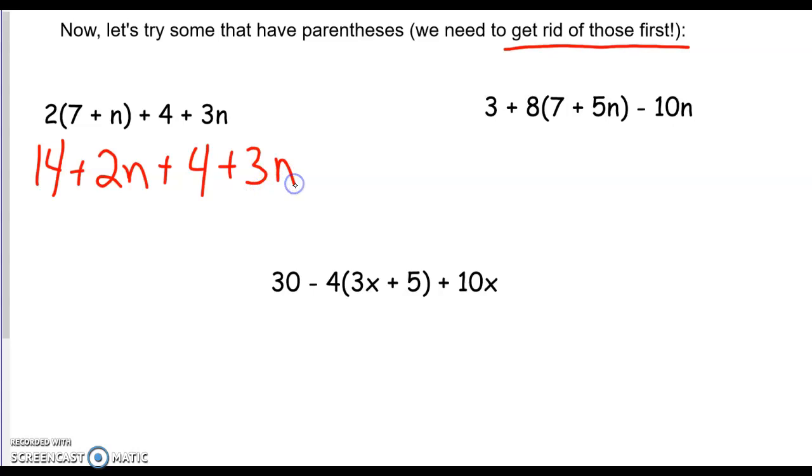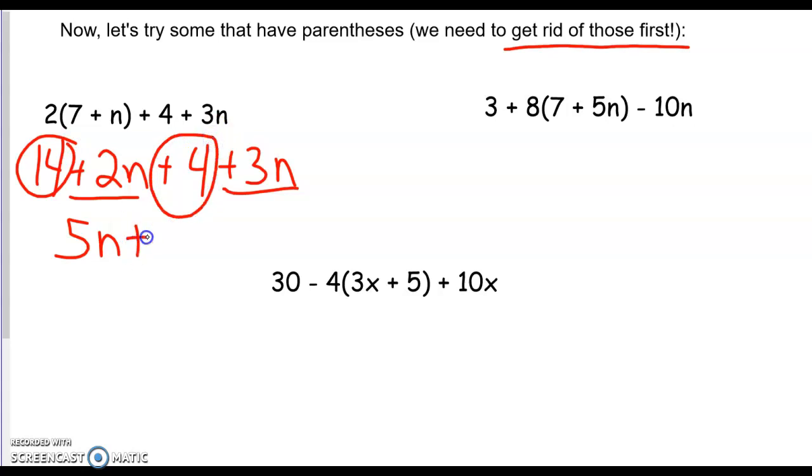Okay, so I did step 1, I got rid of my parentheses. And now let's do the variables first. I have plus 2n and plus 3n. That would be 5n. And then I have 2 constants, 14 plus 4 gives me 18. Okay, 2 steps.